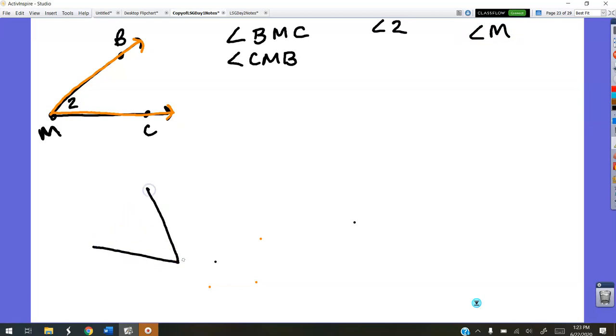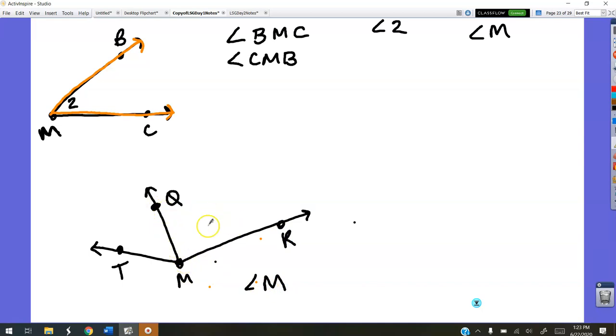If I have a drawing where I have all sorts of rays coming from a common endpoint, then I can't just call this angle M, because if I call it angle M, it's ambiguous. Do I mean that angle? Do I mean this angle? Do I mean the whole thing? So we can't do that. So you can only call it by the vertex if you only have two rays coming from that vertex.